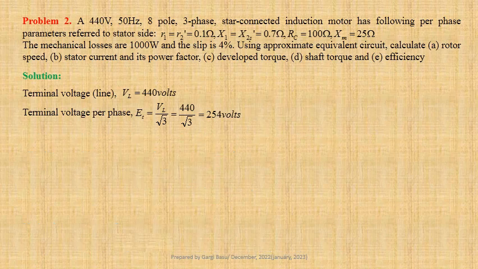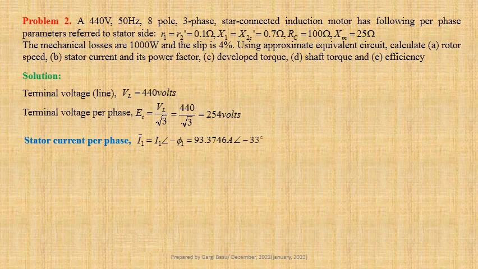In polar form, we can write stator current per phase I1 equals I1 at an angle minus phi 1 equals 93.3746 ampere at an angle minus 33 degree. For star connected induction motor, stator current per phase equals stator line current.